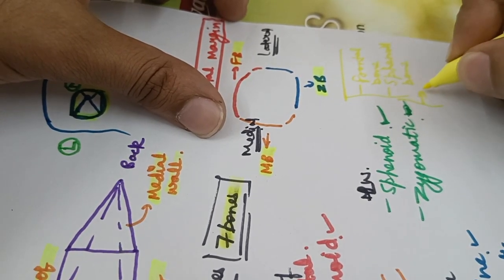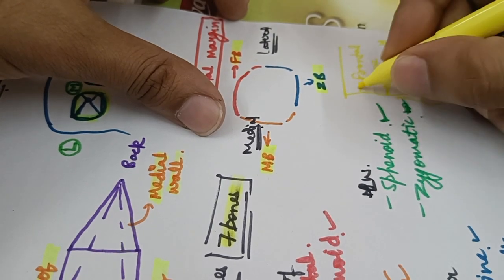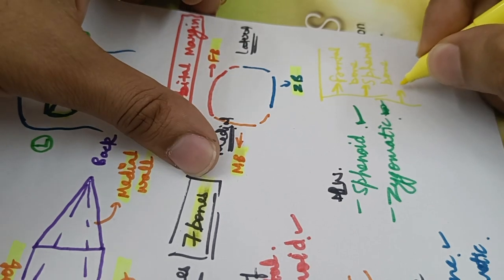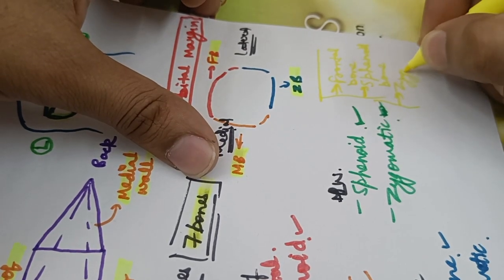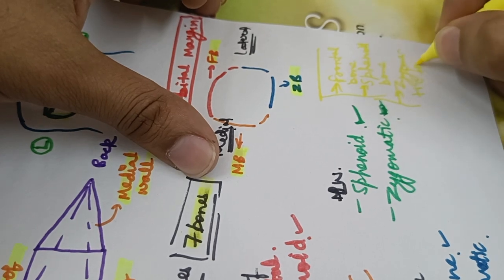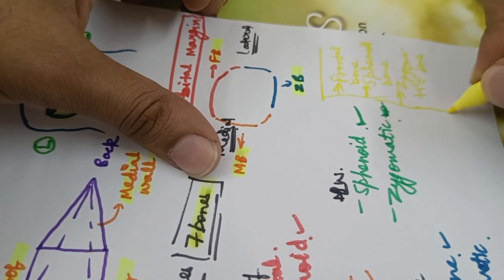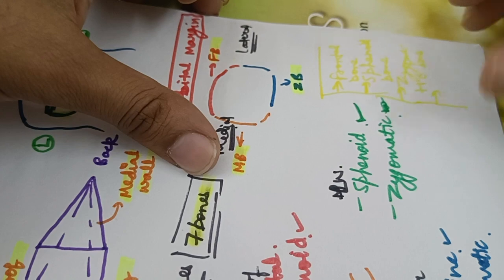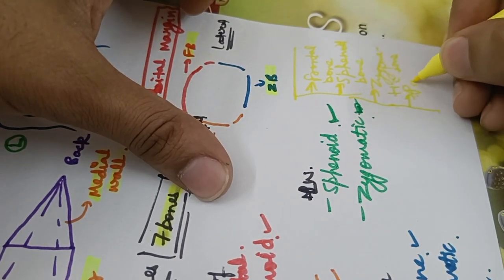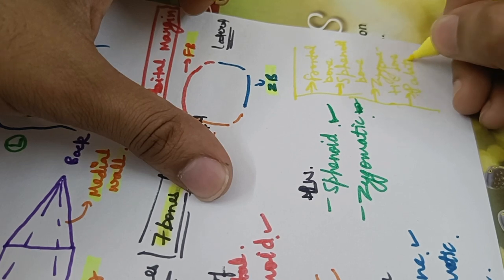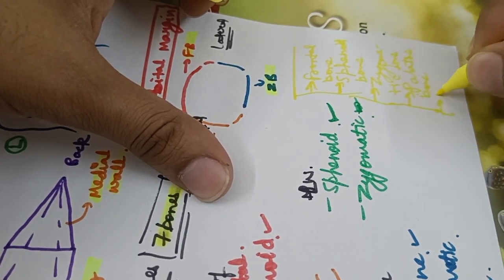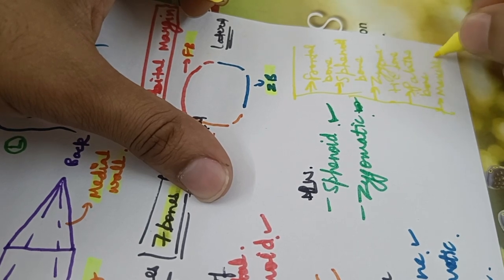After the sphenoid bone, the next bone to consider is the zygomatic bone, then the palatine bone, then the maxilla bone.